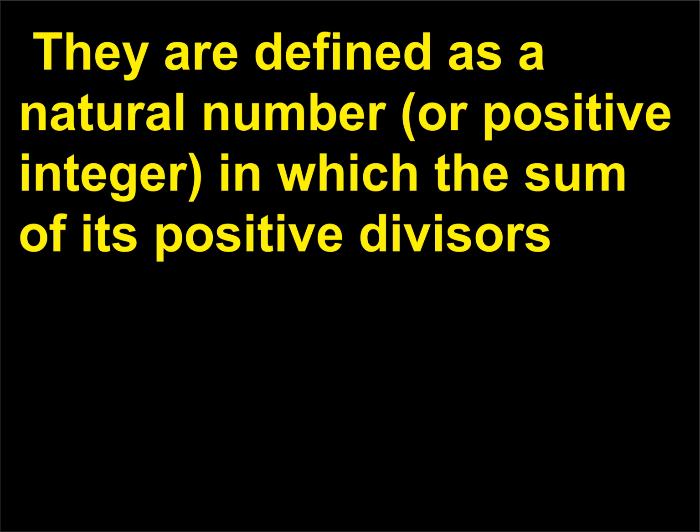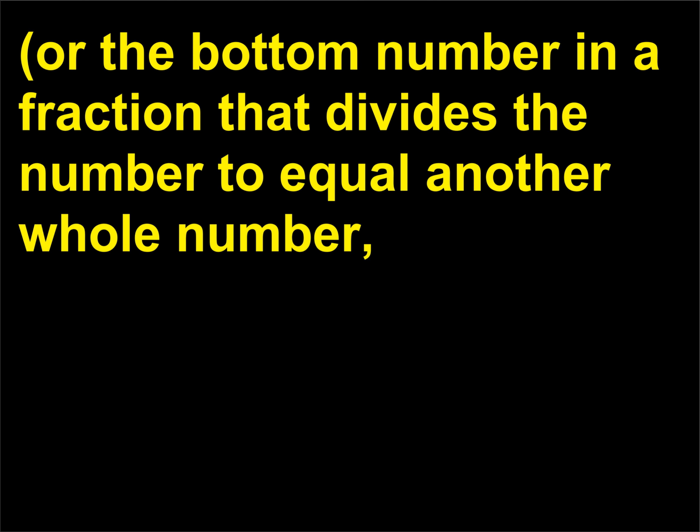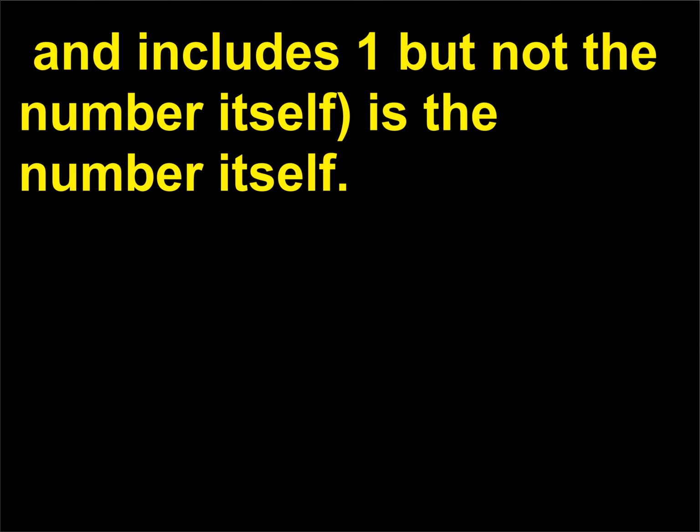They are defined as a natural number, or positive integer, in which the sum of its positive divisors, or the bottom number in a fraction that divides the number to equal another whole number, and includes 1 but not the number itself, is the number itself.